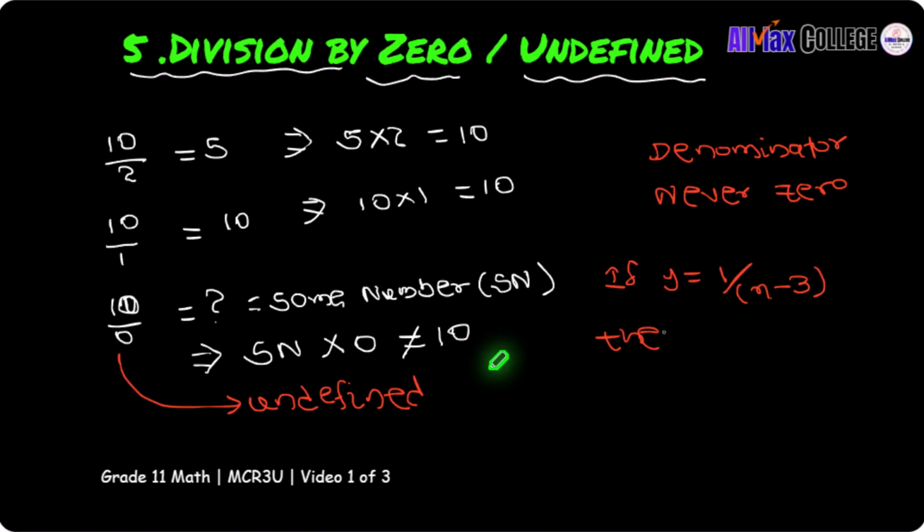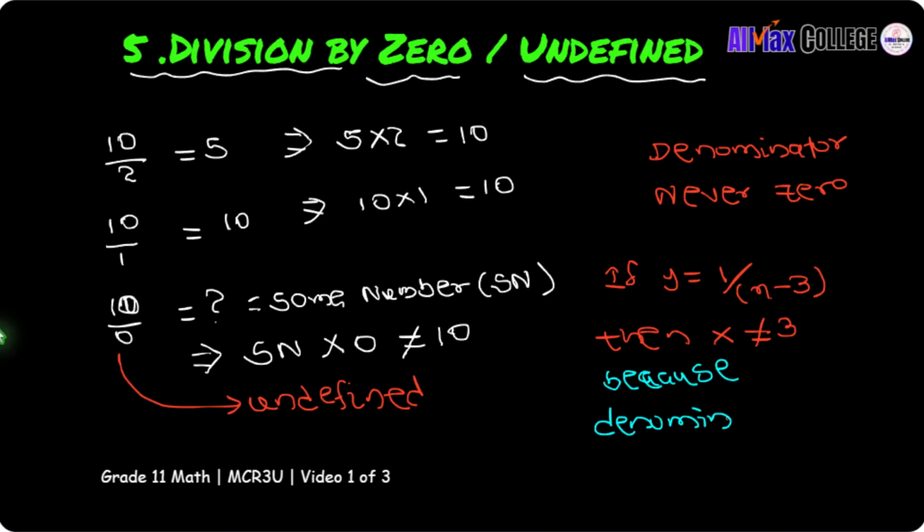Then x is not equal to 3 because the denominator can't be 0.